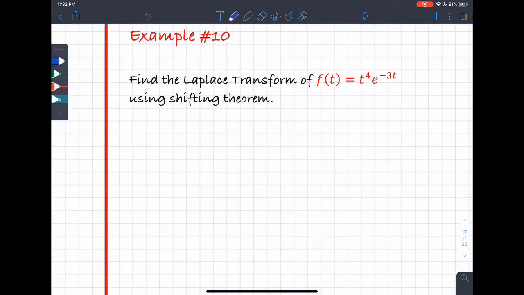Let's have our examples which use the theorems that were discussed a while ago. The first one is: find the Laplace transform of f of t equals t raised to 4 times e raised to negative 3t, using the shifting theorem.